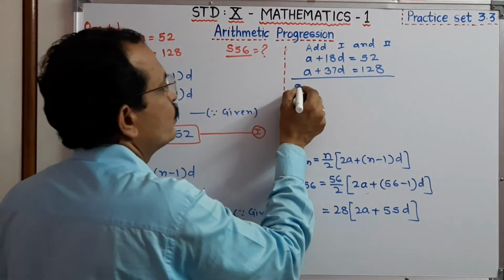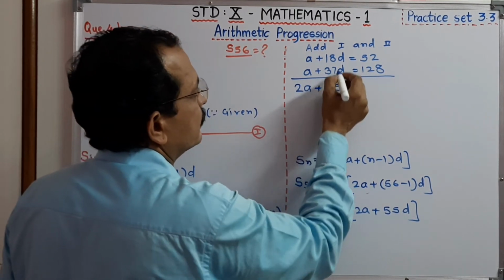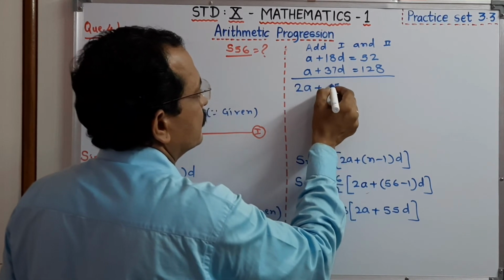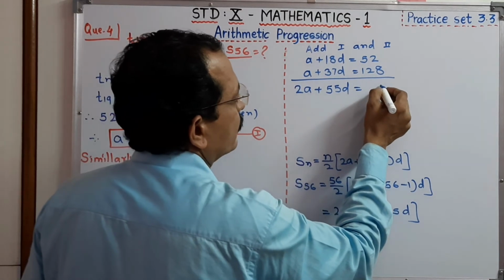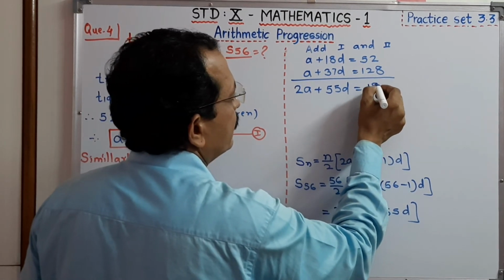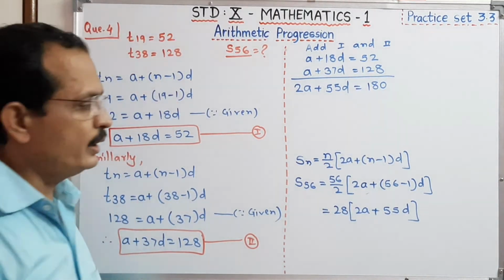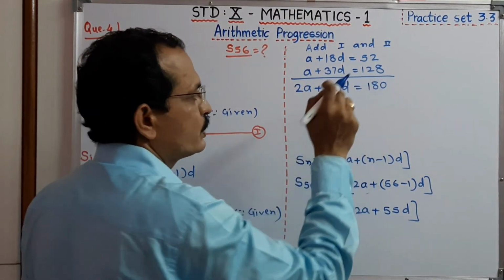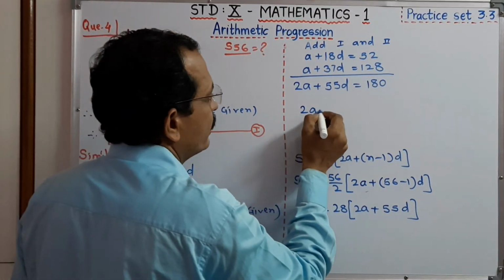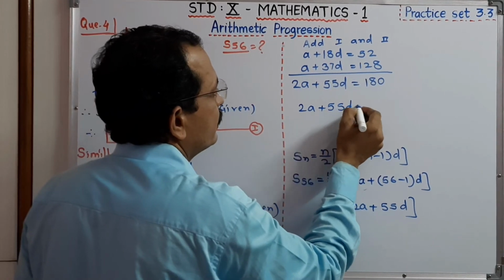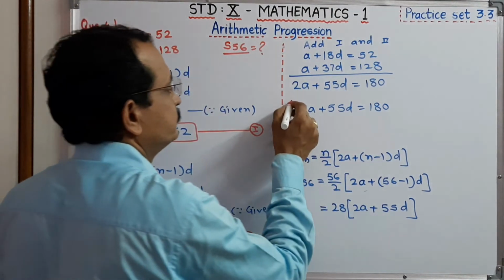Now see here, 2a plus 55d is equal to 180. Got it? 2a plus 55d is equal to 180. Now dear student, we got 2a plus 55d is equal to 180. This is statement number 3.